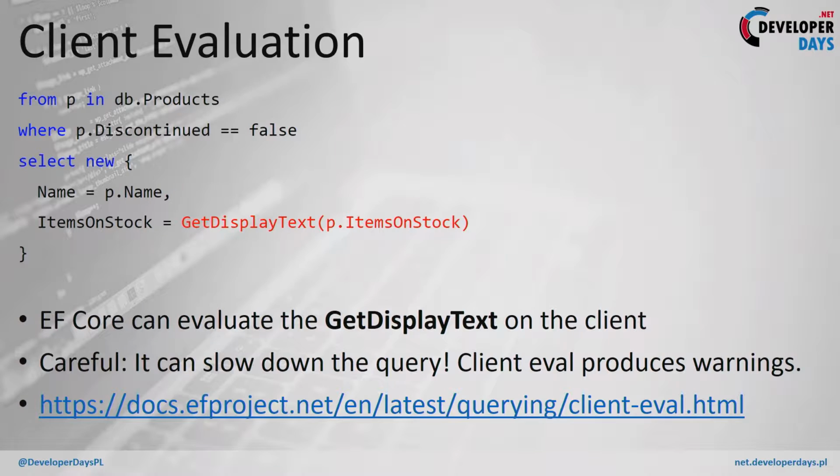And now I want to select the name of the product and items on stock, but not an integer, I want a string which is already formatted for the user so he can see the number nicely formatted. And of course, this GetDisplayText function is not present on the database. It can't be translated to SQL.